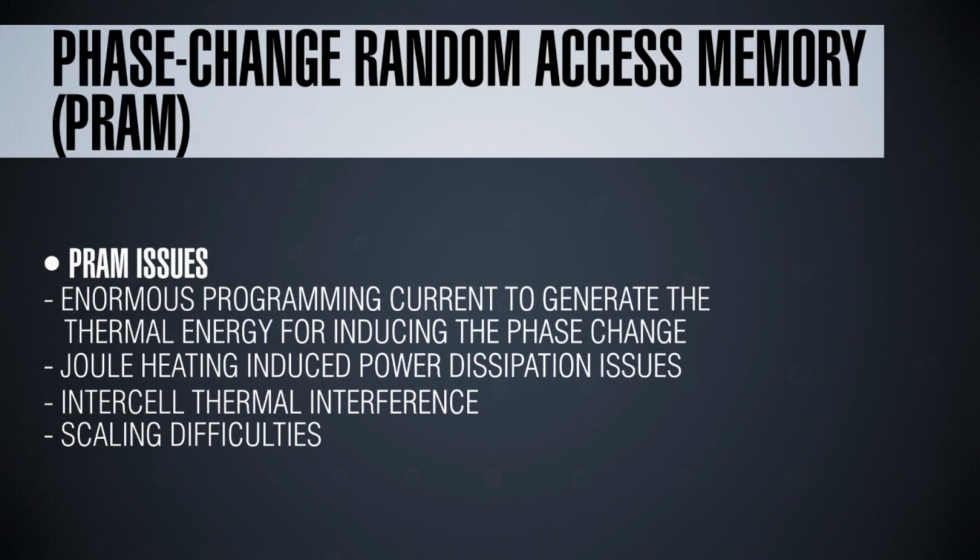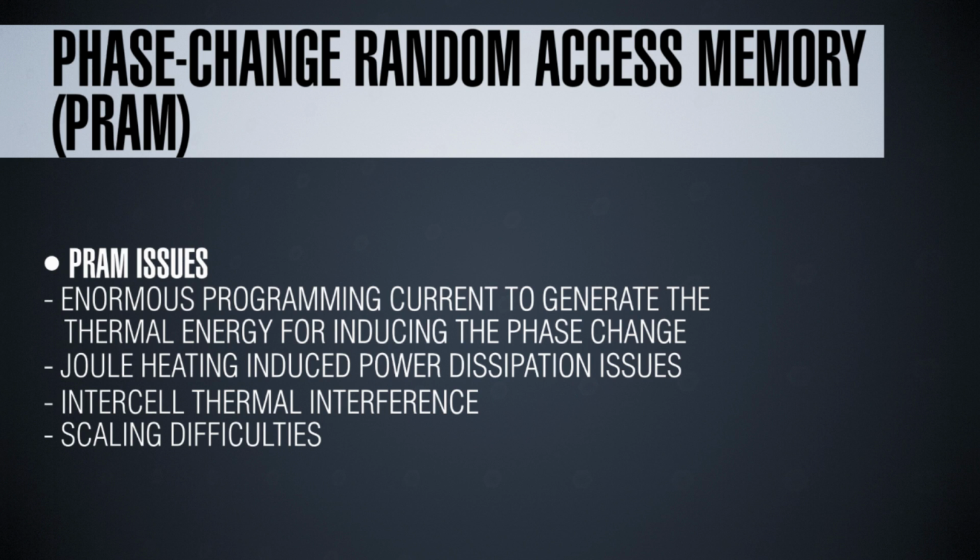But the programming current needed, this heating, is accomplished by Joule heating by applying a current. The programming current needed to drive this phase change has been very high, and that was one major problem. Then there were other issues, such as Joule heating induced power dissipation.